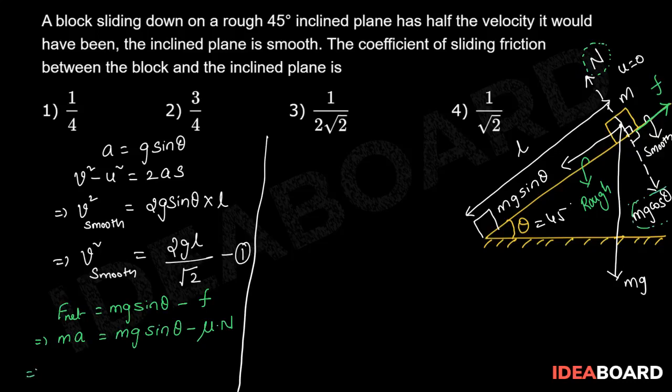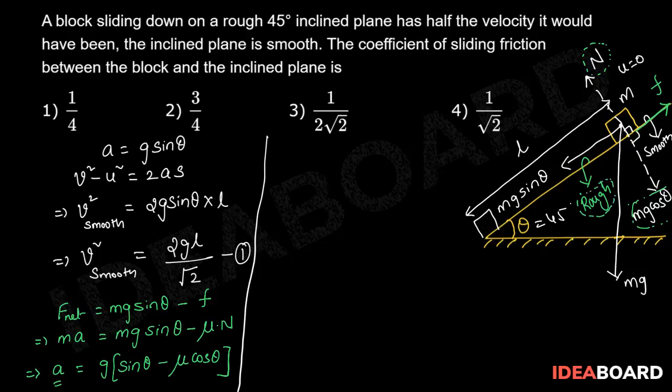So we can write this equation after simplification as a is equal to g times of sin theta minus mu cos theta.